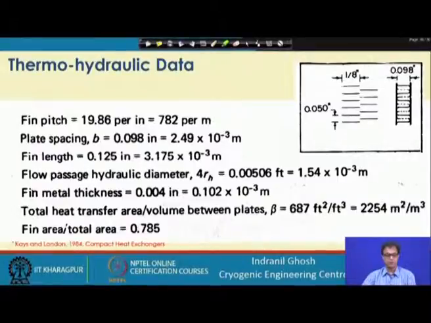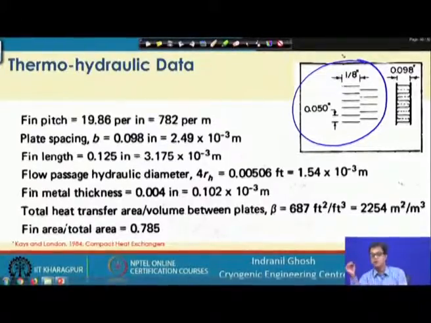If you go back to the Kays and London compact heat exchanger book, you will find the geometry corresponding to this is given. As I was telling you, the 1 by 8 means the lance length. This is the flow side, and after a certain distance, the lance length, these strip fins are offset.